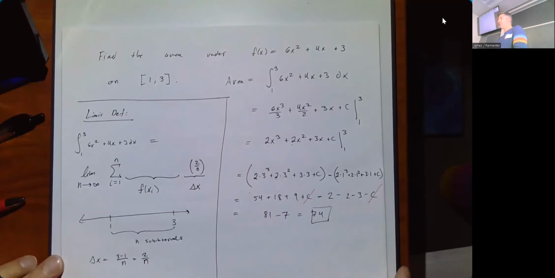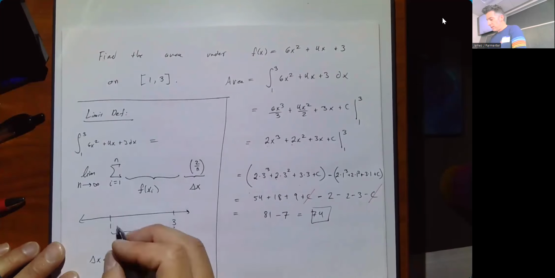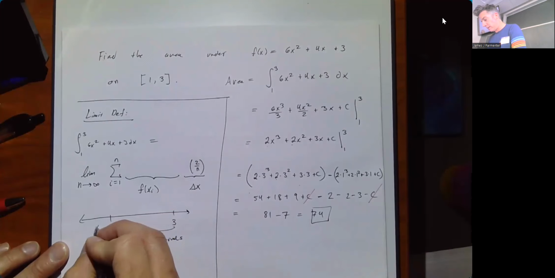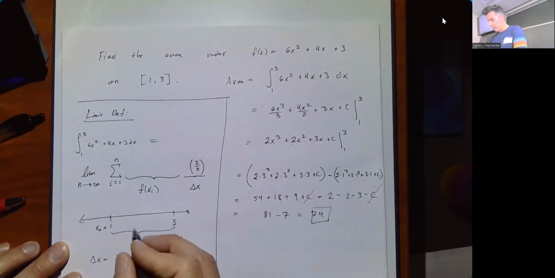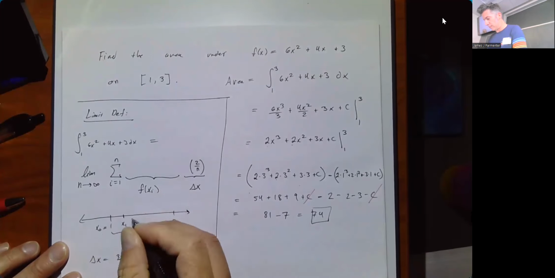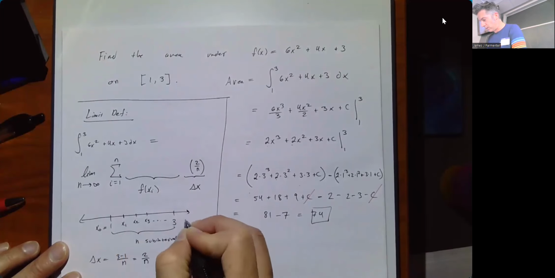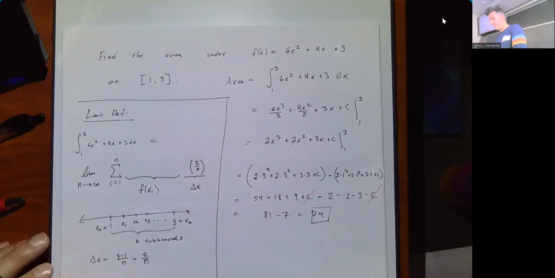The x sub i part's always a little bit weird, but basically, your first, I should say, your left endpoint here is your x sub 0. And then each subsequent one is x sub 1, x sub 2, x sub 3, all the way to the last one being x sub n.